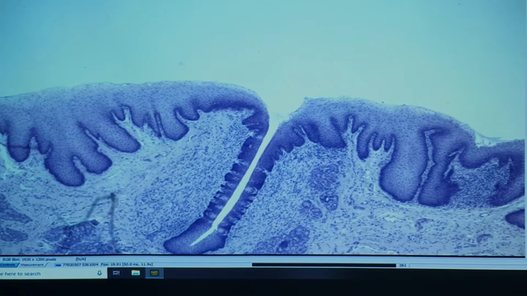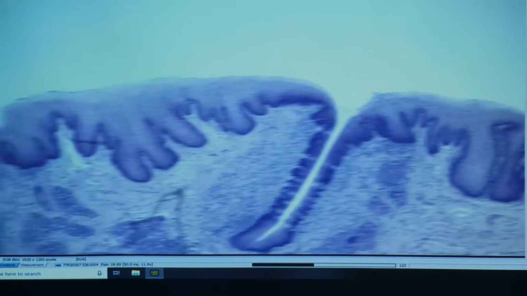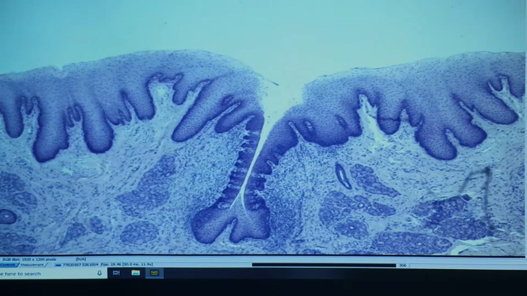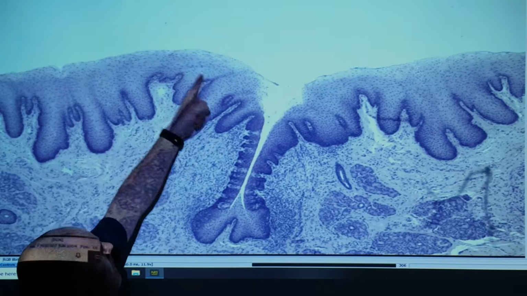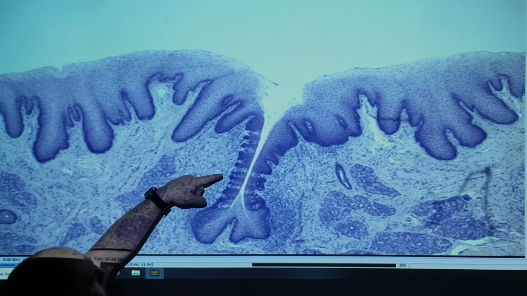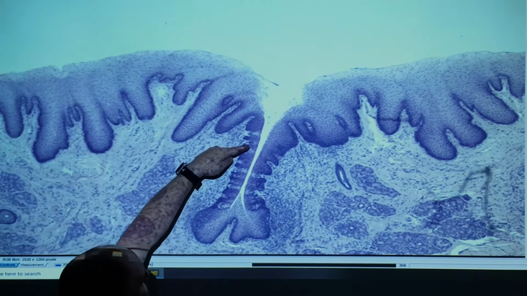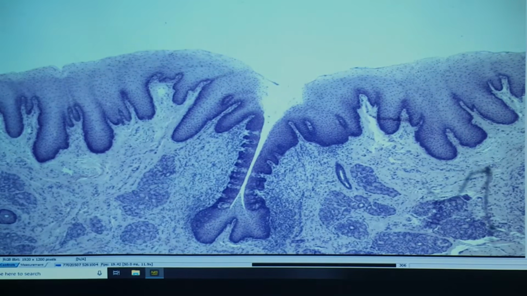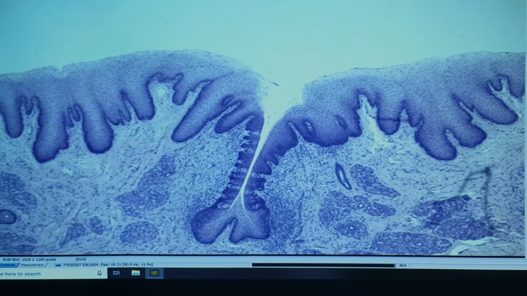If I just move over a little bit on this slide, one direction or the other, I can see, again, exactly the same thing. A tongue or lingual papilla, and then these light-colored structures here, these are the taste buds. This is a perfectly good slide.